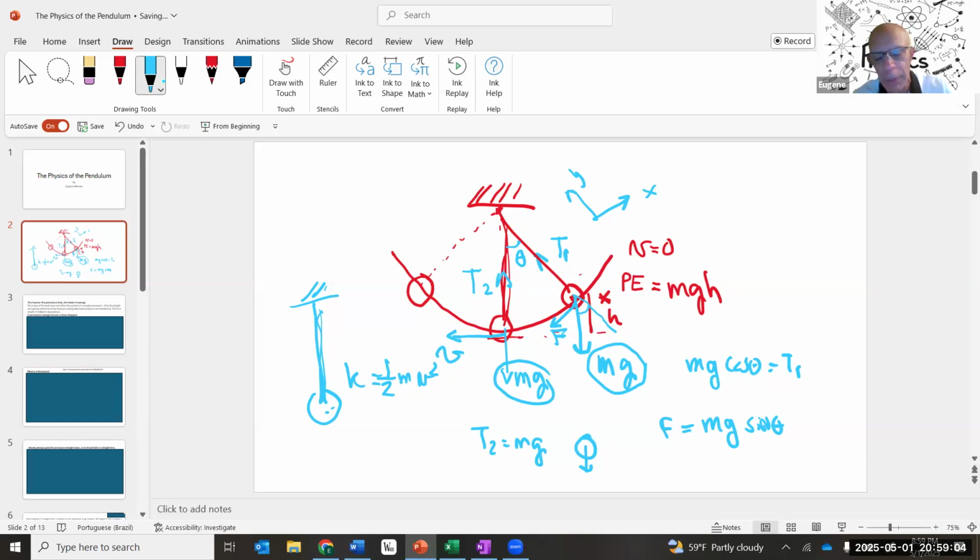There is no force here, but it has maximum velocity. And that velocity is going to move the mass up to this point again, and that kinetic energy is going to be converted to a potential energy equal to this one, because it's at the same height.